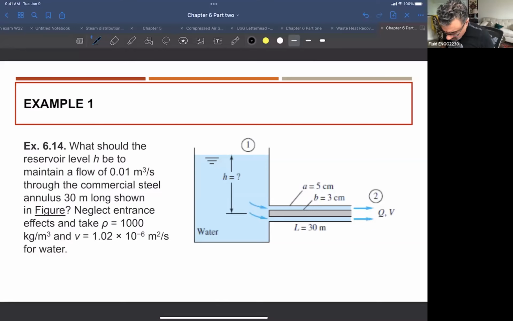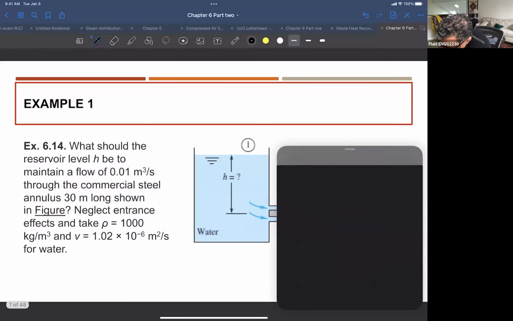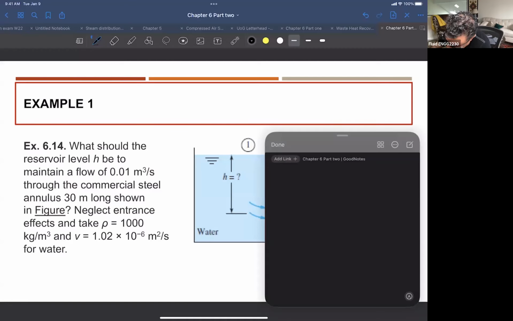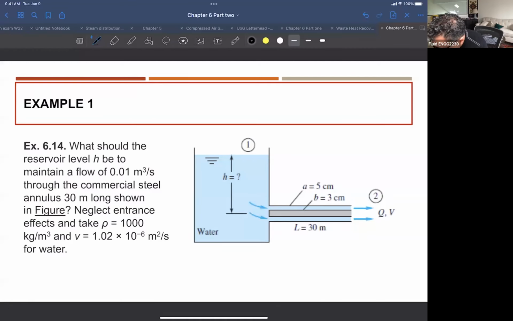So we have a tank like this, a reservoir. The level H is to be maintained at a flow rate of 0.01 meter cubed per second. So I have a flow rate coming out here. Q here is 0.01 meter cubed per second through a commercial steel annulus.